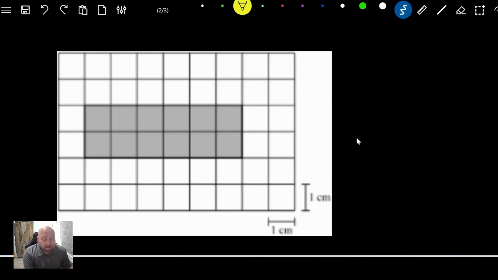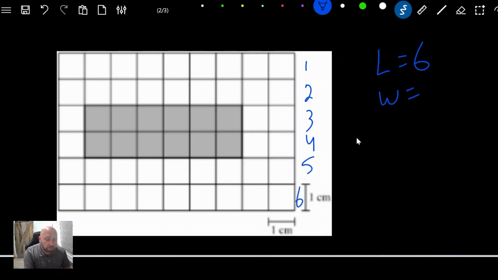Well, you need to figure out what is the length and what is the width. Okay, so the length is 1, 2, 3, 4, 5, and 6. Notice that it says each one of these is 1 centimeter. So we have the length equals 6, and then the width equals 1, 2, 3, 4, 5, 6, 7, 8, and 9.